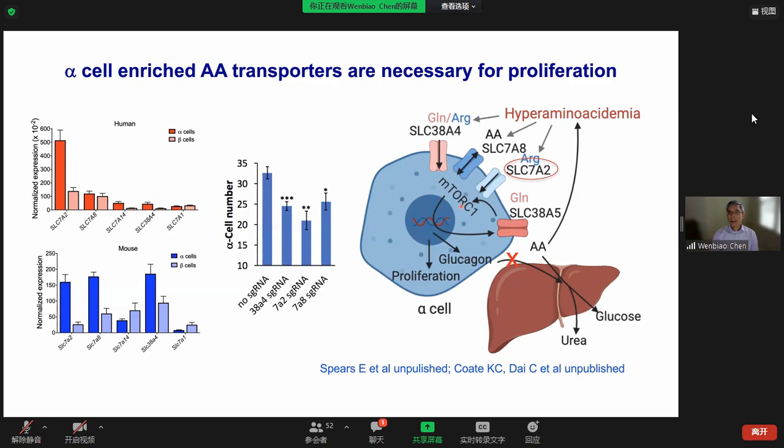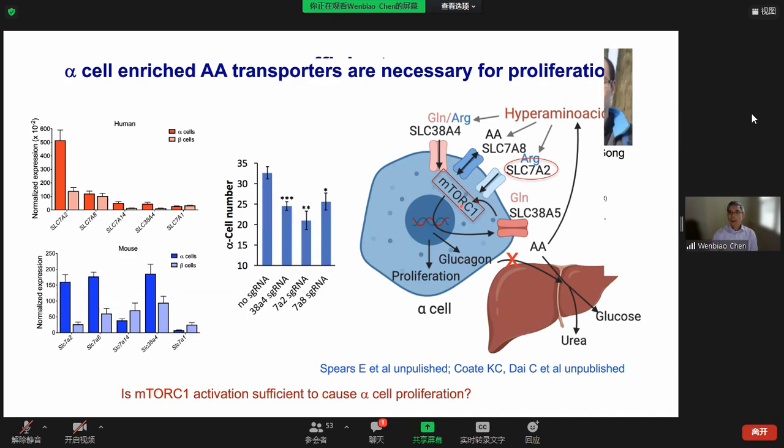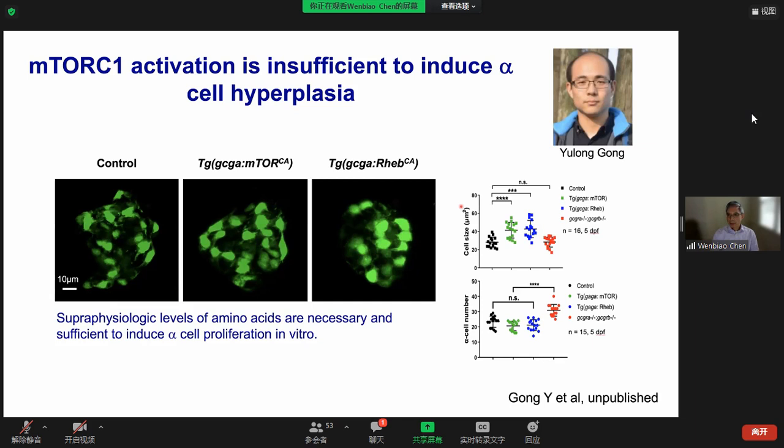So the question we had is, is mTOR the whole thing, or have we identified the entire pathway? To answer that question, we asked a simple question: is activation of mTORC1 sufficient to induce alpha cell proliferation? To answer that, Yulong Gong, from a CSC-sponsored graduate student in my lab for a year, took this challenge.